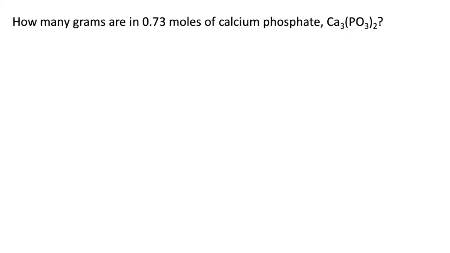For our last problem, we are asked how many grams are in 0.73 moles of calcium phosphate. Go ahead and pause the video and go through the steps to solve this problem. Starting with our known, we have 0.73 moles of calcium phosphate.